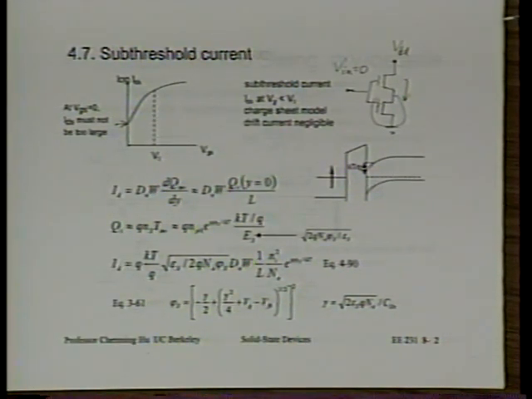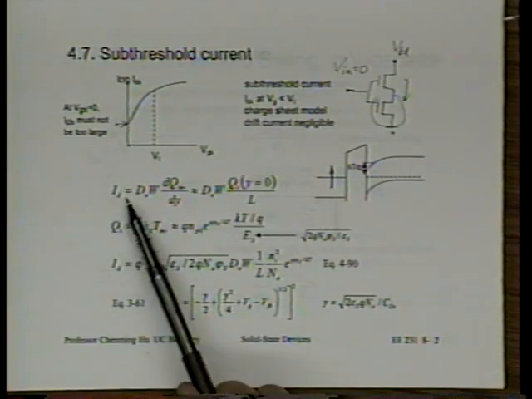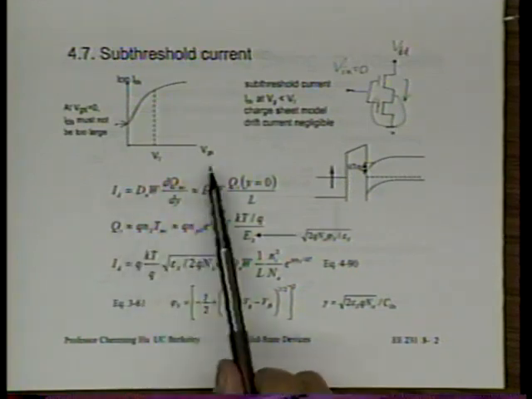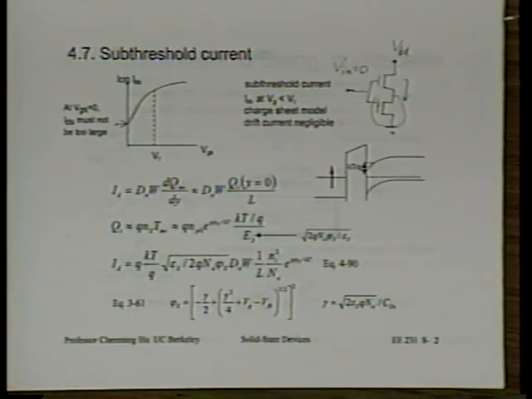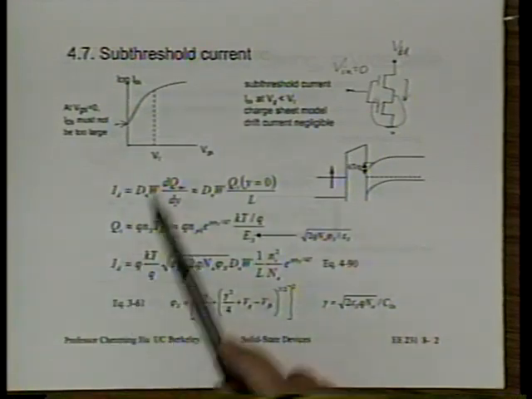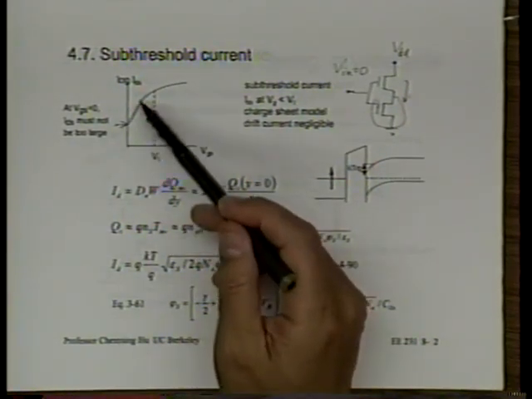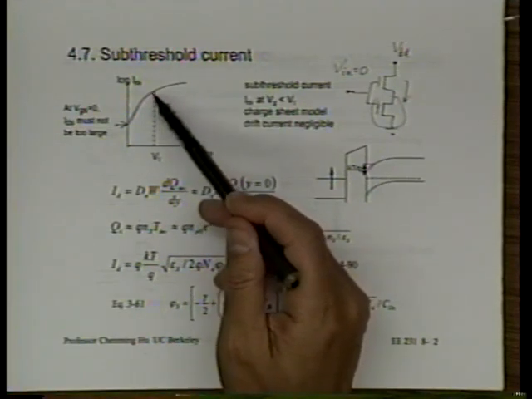And then just make a very simple approximation. The reason is, you will see later, this current is a very strong function of VGS. To the extent we don't know VT exactly, or in fact, the kind of accuracy we're going to deal with, we are going to assume this is a straight line, and that involves a lot of assumption already, because this portion is really not a straight line.